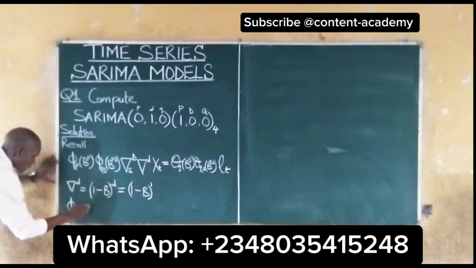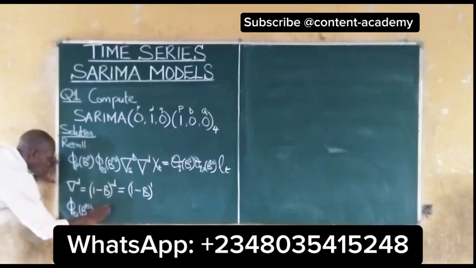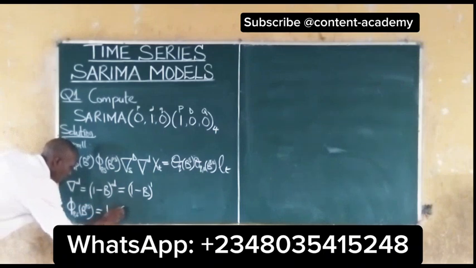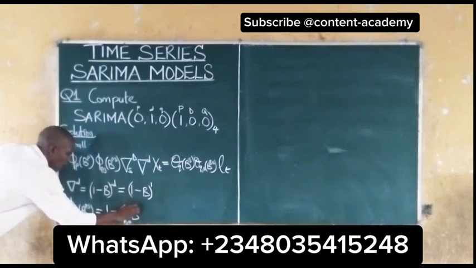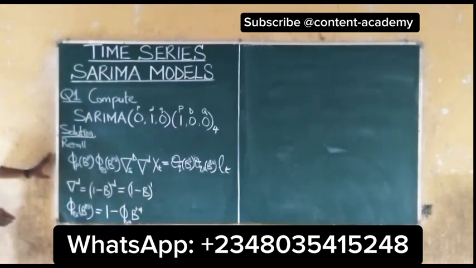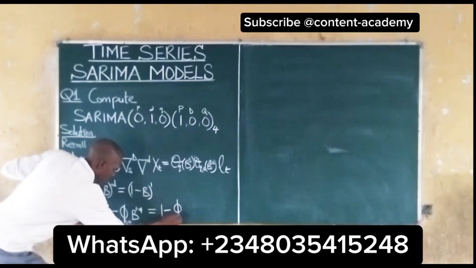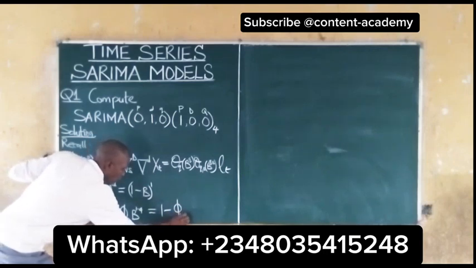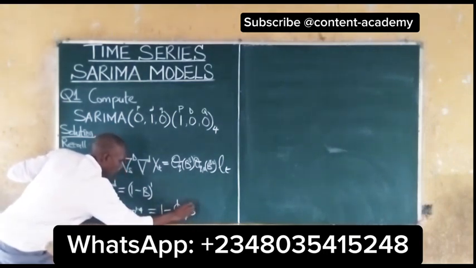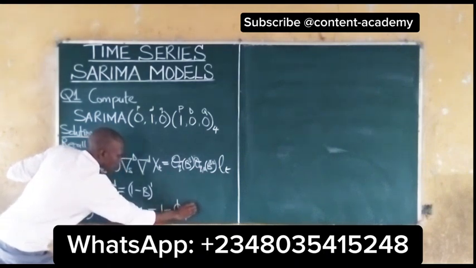Phi_{P,s} is equal to 1 minus Phi. This is P, s. Our P is 1, comma s is 4. Then B to the power of P times s, our P is 1 multiplied by 4. That is all we get. So we can write it as 1 minus Phi_{1,4} B, then 1 multiplied by 4 is B^4.